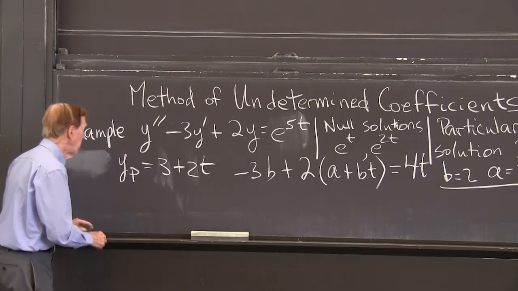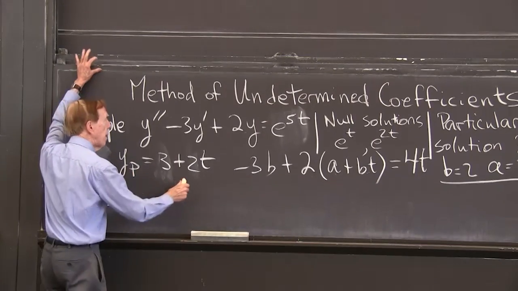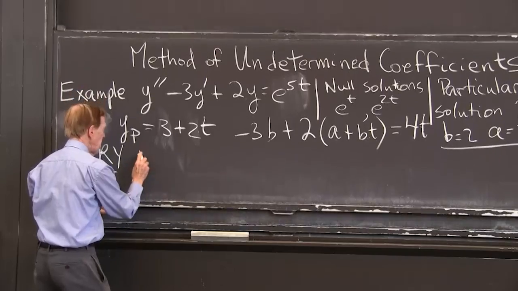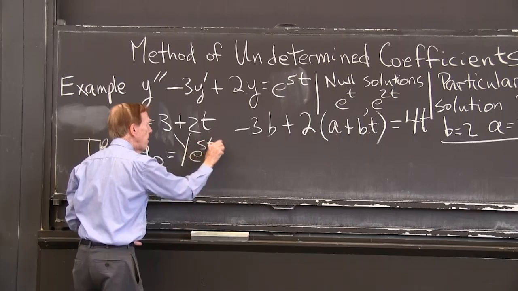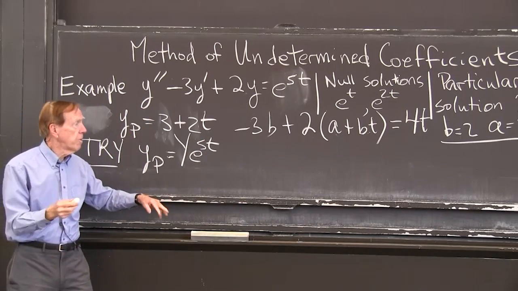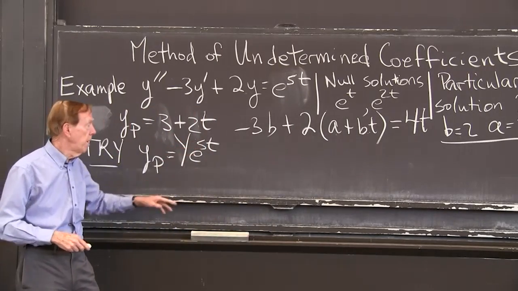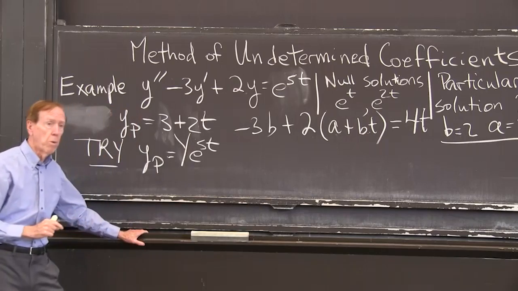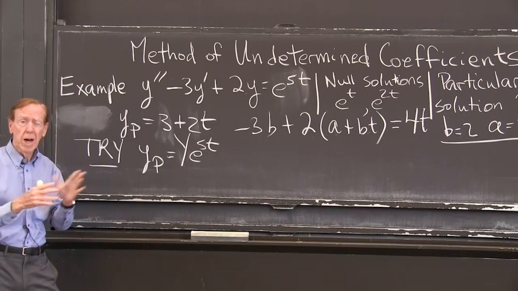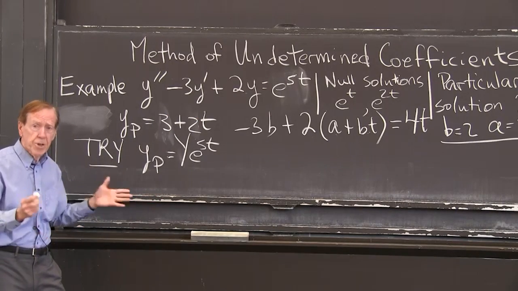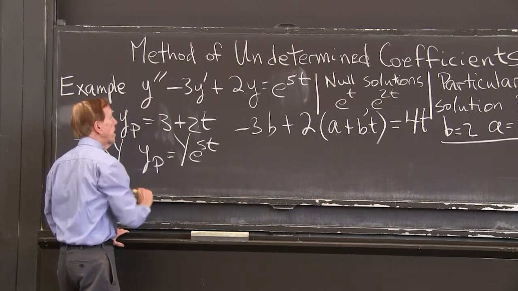And now what we will try with this right-hand side e to the st. We've seen it before. The particular solution is just y e to the st. The undetermined coefficients were a and b the first time. Here the undetermined coefficient is capital Y. I'm just going to plug that into the equation and match the left side and right side, and I'll determine this coefficient capital Y. So what happens when I put that into the equation?